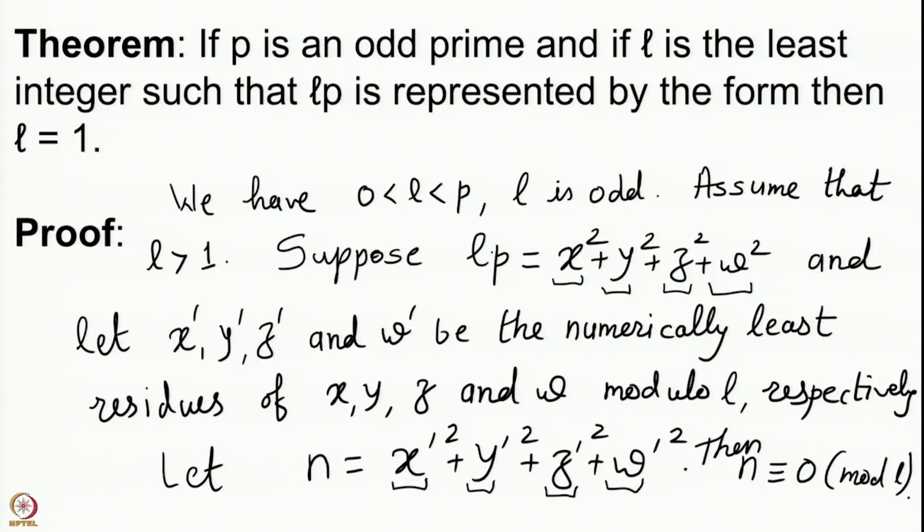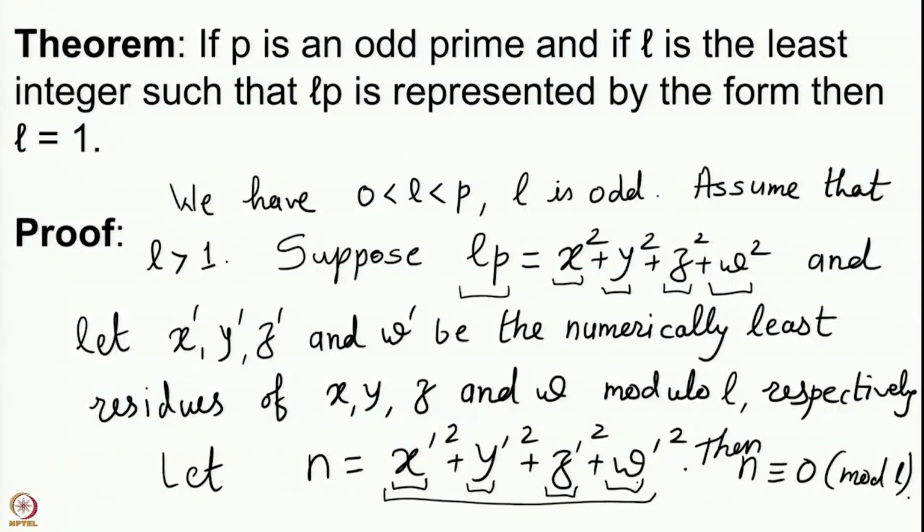First of all, note that n is a sum of 4 squares. If n was 0, it would mean that all these numbers x prime, y prime, z prime and w prime have to be 0. But these were the numerically least residues of x, y, z, w, which would mean that each of the x, y, z, w is 0 mod L.